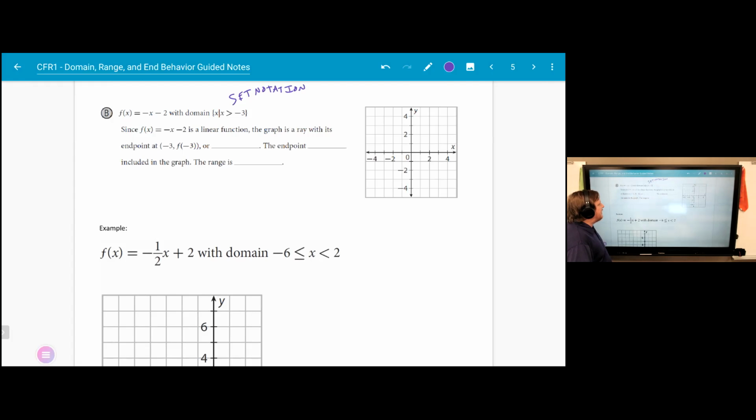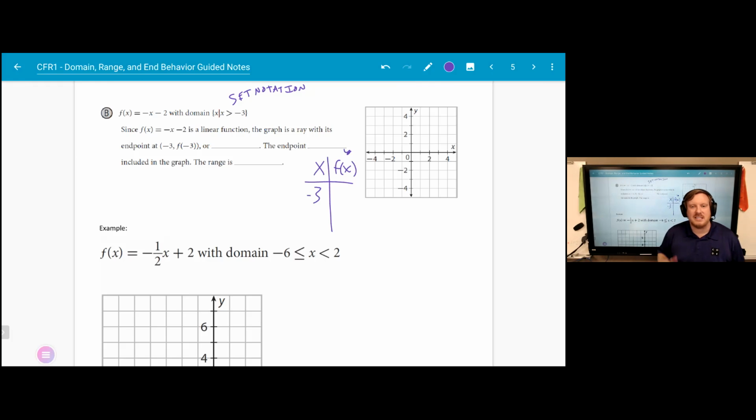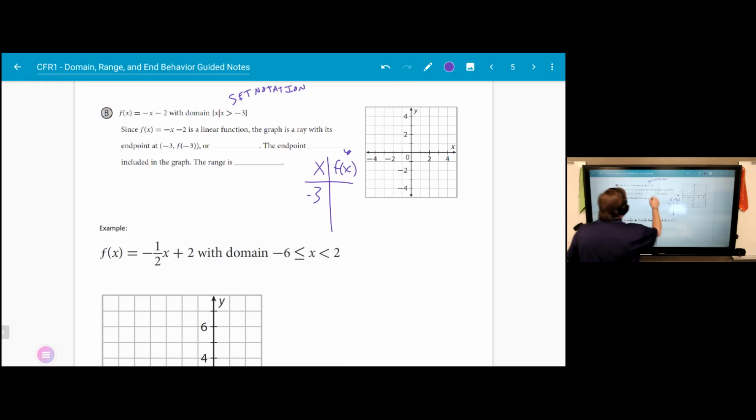And so what this is saying is, since it's greater than negative 3, x and f of x, or y if you want to get there, negative 3 is my smallest value of x, because everything greater than negative 3 works. Not things less than, right? It's also not equal to.